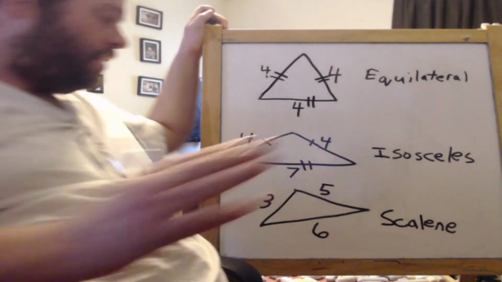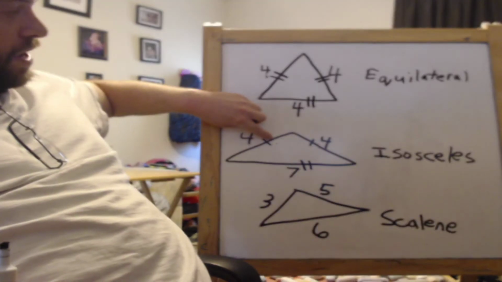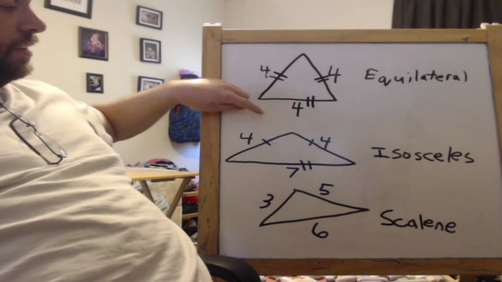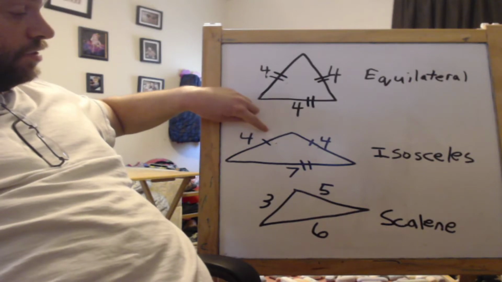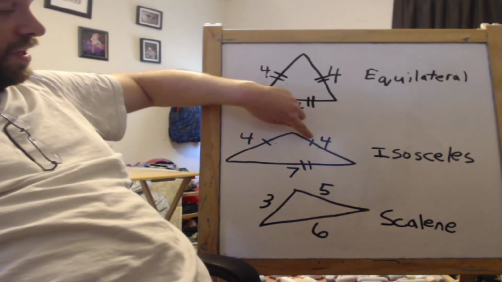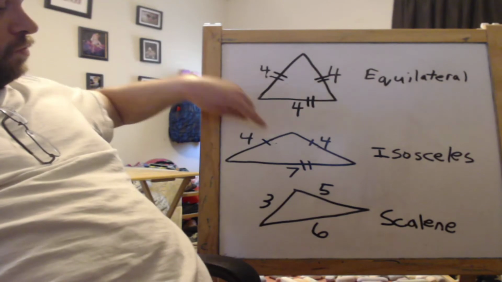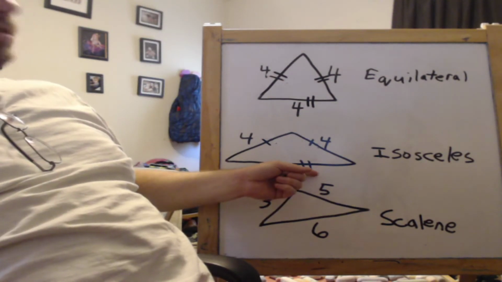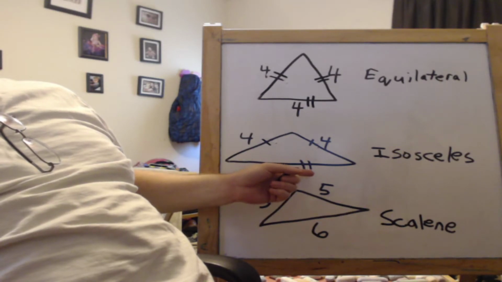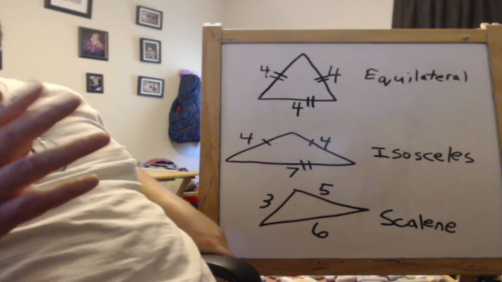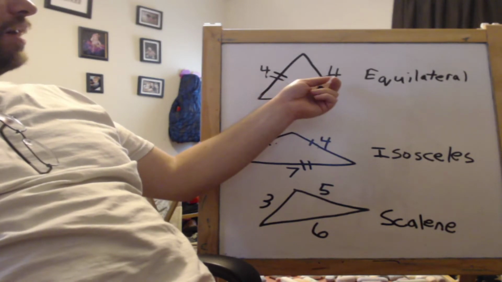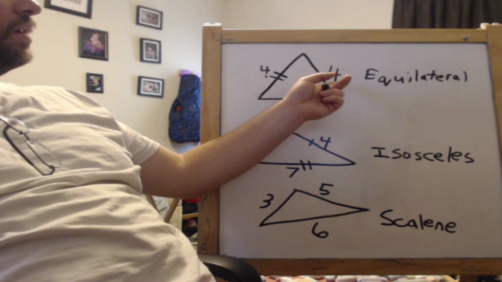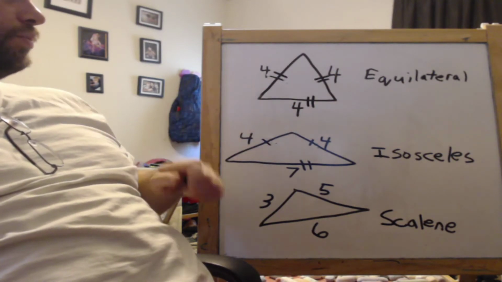It kind of depends, but just know that if 2 of these have 1 line through it, then that means that those are equal, and this one has 2 lines through it, that means it's not equal to the other one, right? Anyway, so an equilateral triangle has the same length, each side is the same length, all 3 sides.